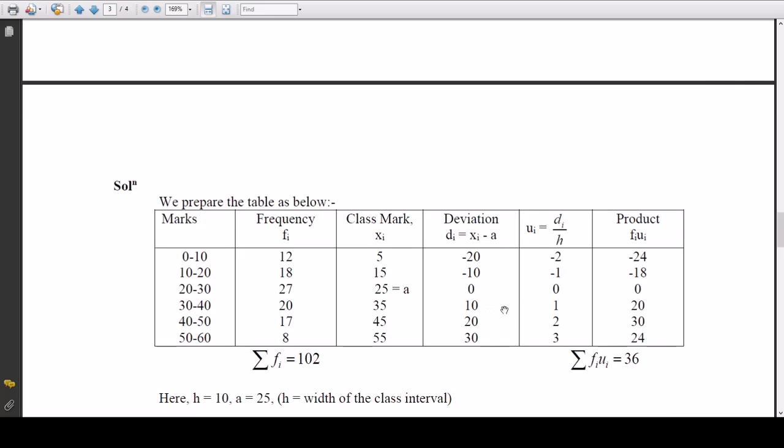Now unlike the previous second method, where you have to find the product of fi and di, 12 with 20 you are getting minus 240, isn't it? But here we are getting just 24. This means the third method also helps us in finding the product.